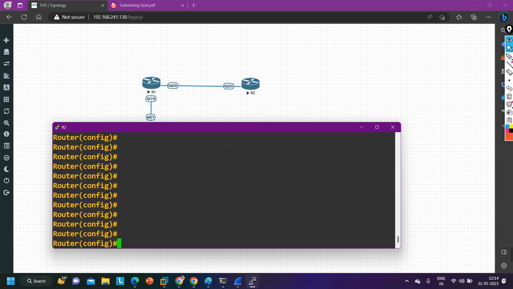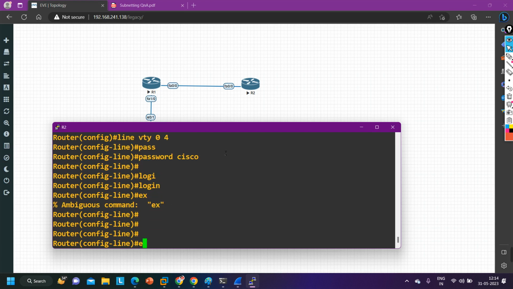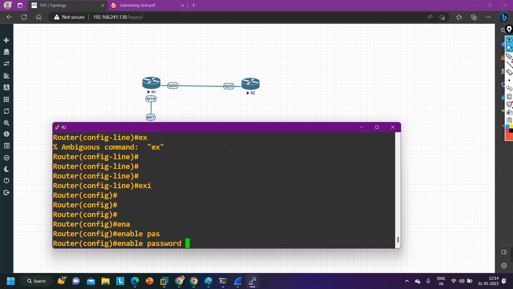Telnet protocol uses port number 23. Line vty 0 4, password is Cisco, and login, and exit, enable password Cisco.